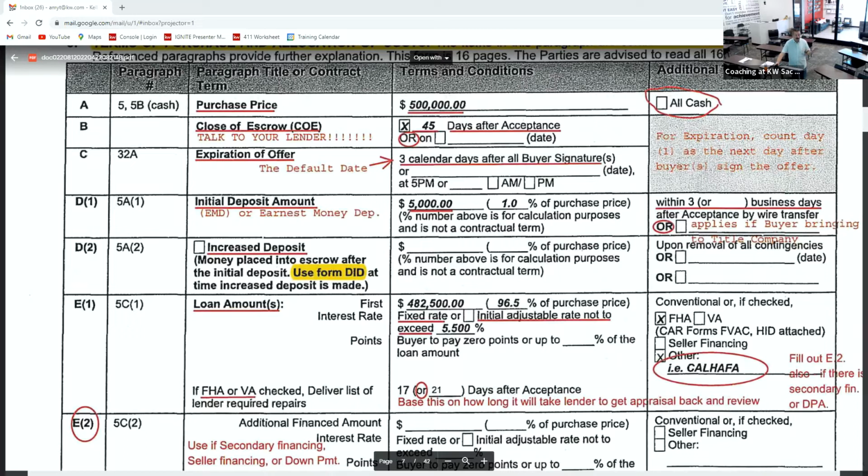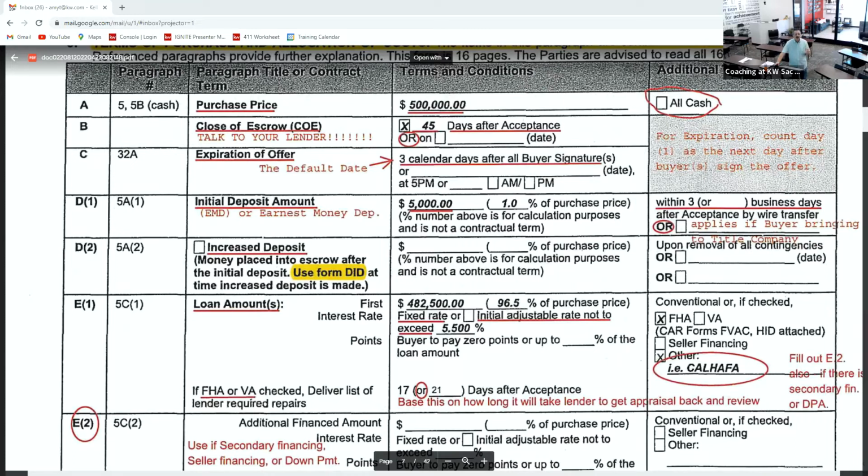Most brokerages, and us included, do not want you to collect physical checks from the buyer. If you collect a physical check, that check needs to be brought to the office, logged into a check registry, and maintained in that registry until it's time to go to the title company. And it has to be signed in, signed out of, who it's going to be released to, and so on and so forth.